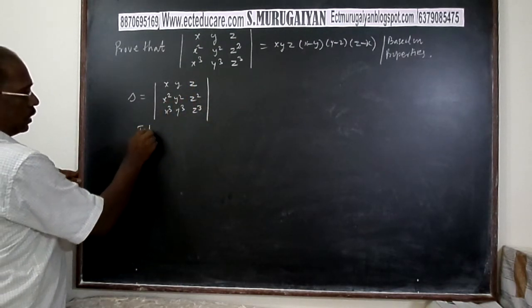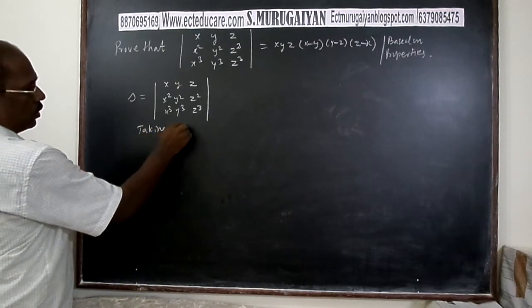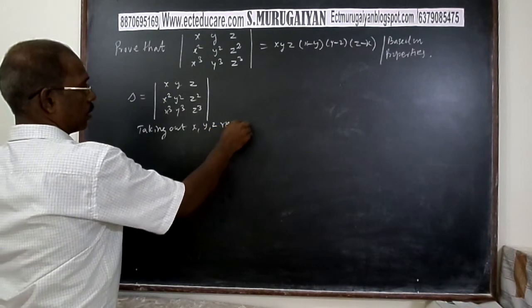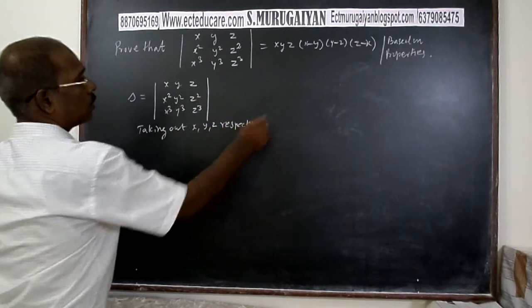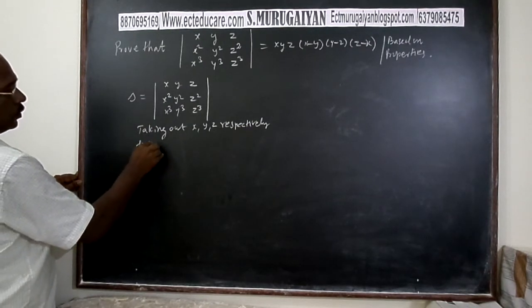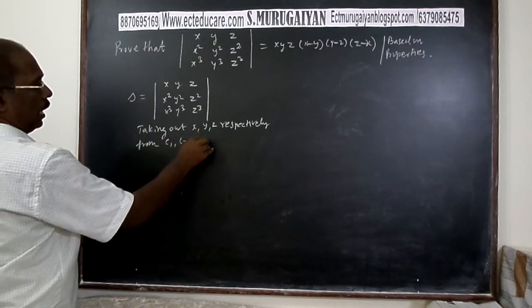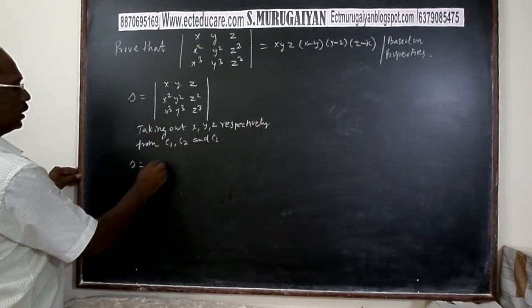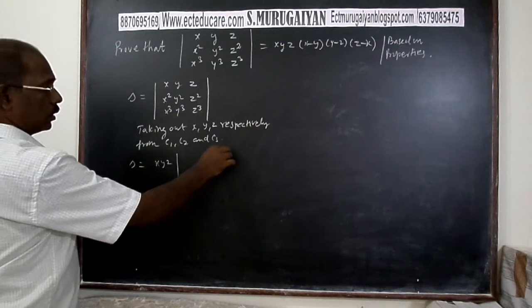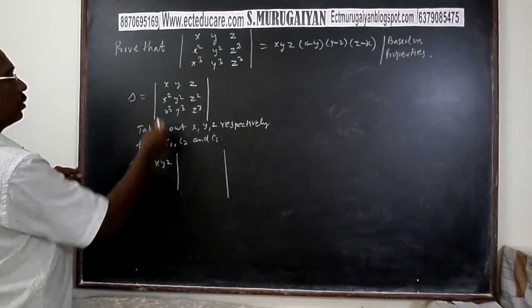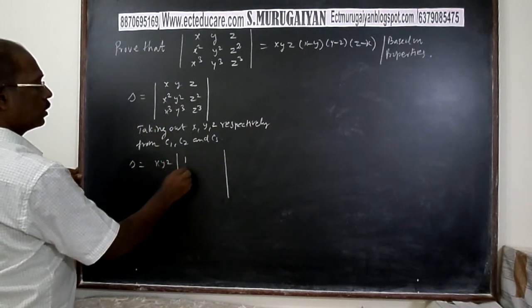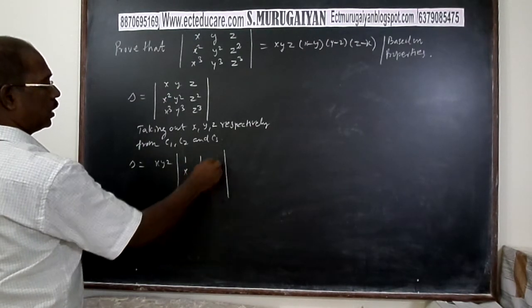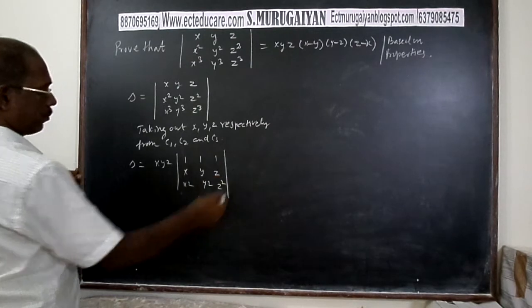So taking out x, y, z respectively from C1, C2 and C3, delta equals x, y, z times a determinant. Write C1 without the common factor: 1, x, x square. Similarly 1, y, y square and 1, z, z square.